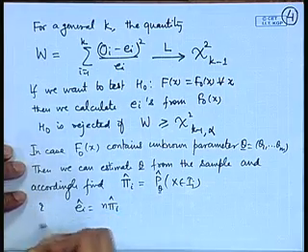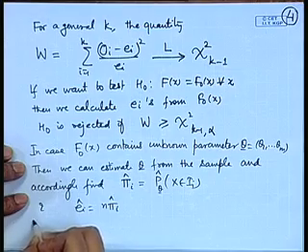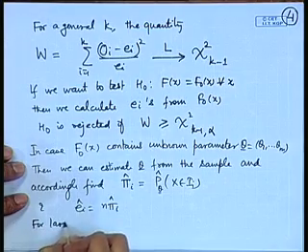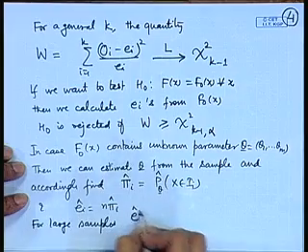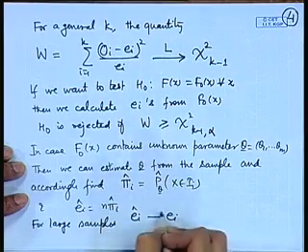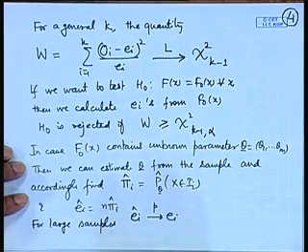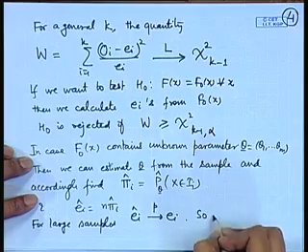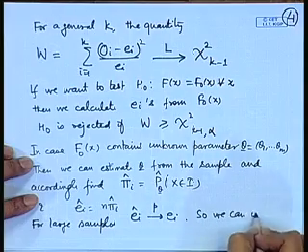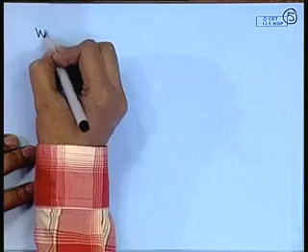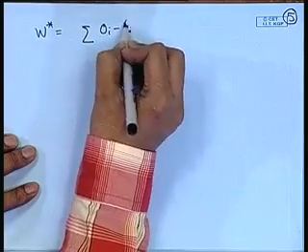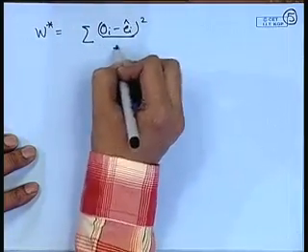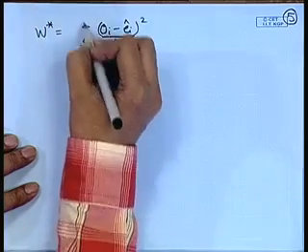Then for large samples, Ei hats will converge to Ei in probability or with probability 1. So, we can use W star, that is equal to the sum of (Oi minus Ei hat) squared by Ei hat, i equal to 1 to k.